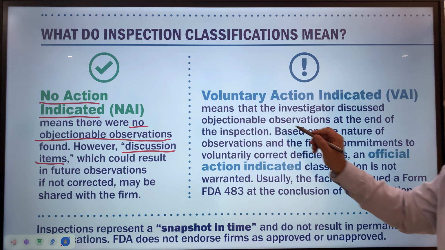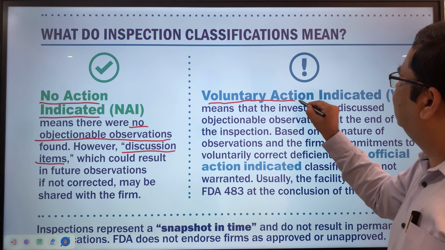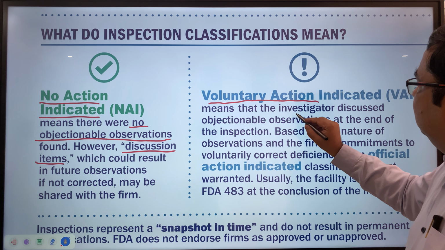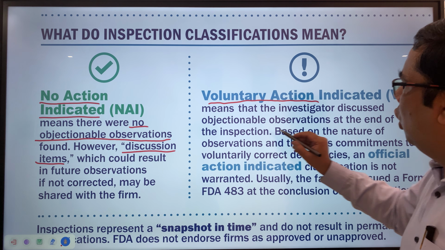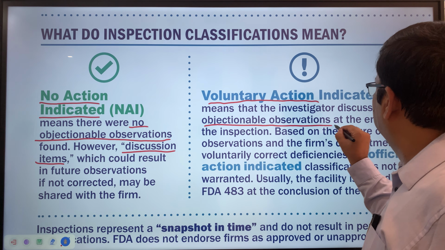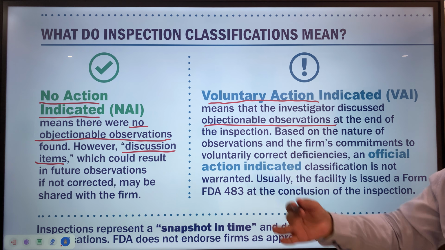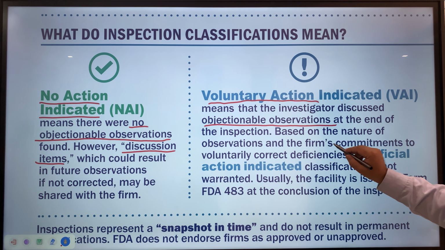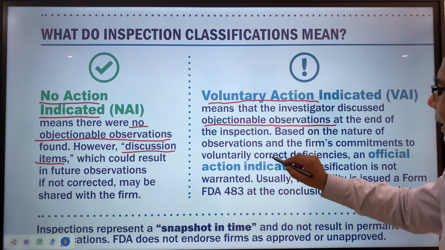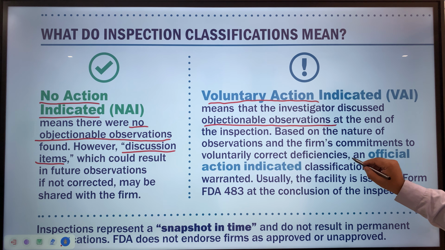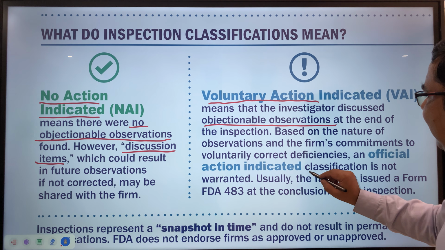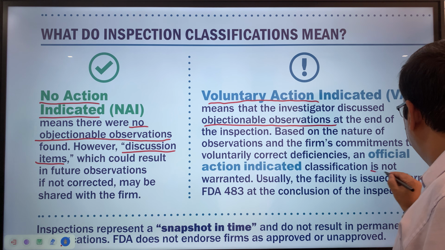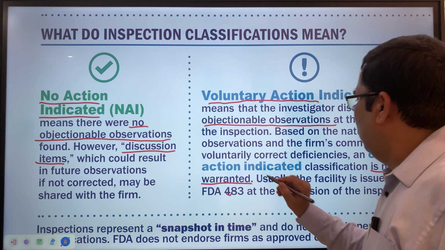About VAI, voluntary action indicated means you have to take action voluntarily. It means the investigator discussed objectionable observations at the end of the inspection. Based on the nature of the observations and the firm's commitments to voluntarily correct deficiencies, an official action indicated classification is not warranted. Please remember, is not warranted.